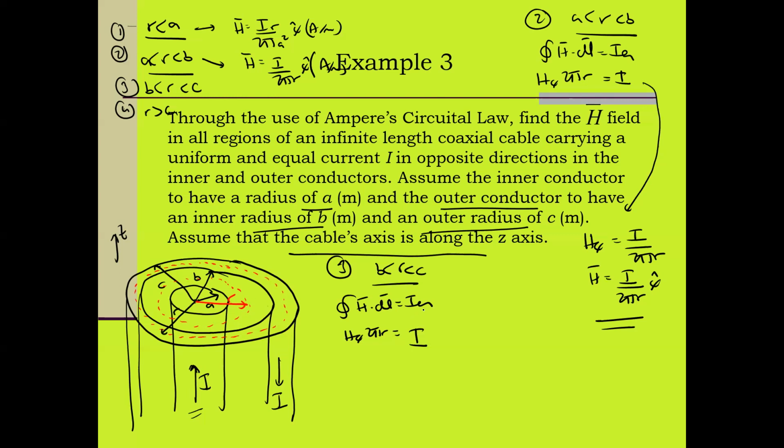So we can see that the enclosed current will be the I. So this particular I is referred to this I, and we need to subtract with this particular I because we have currents which are in the opposite direction.